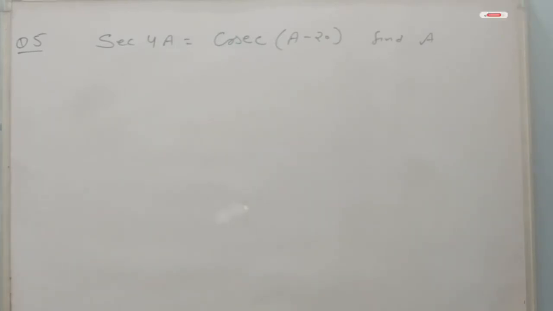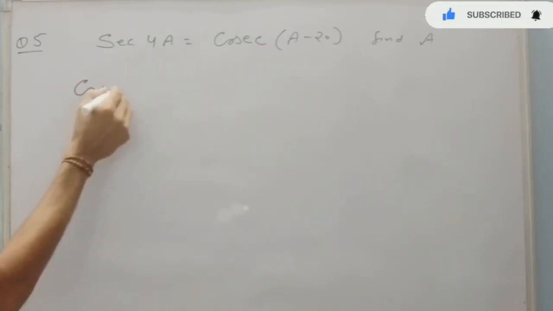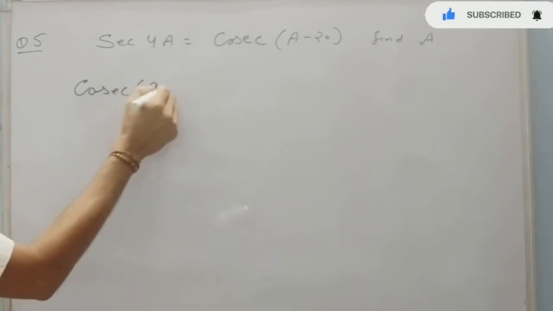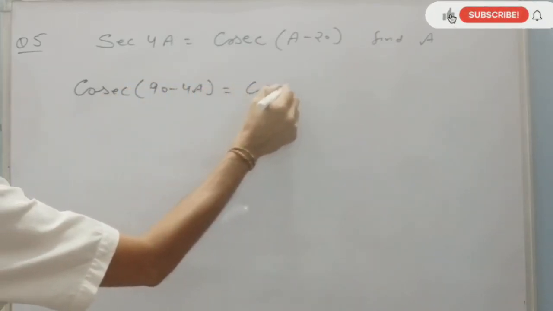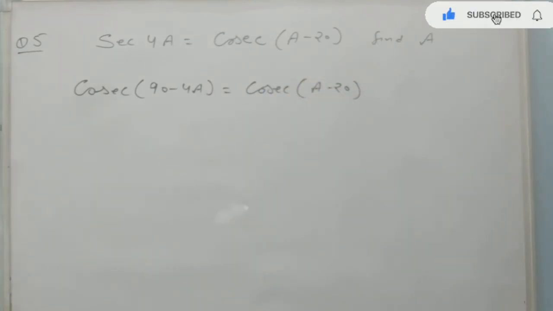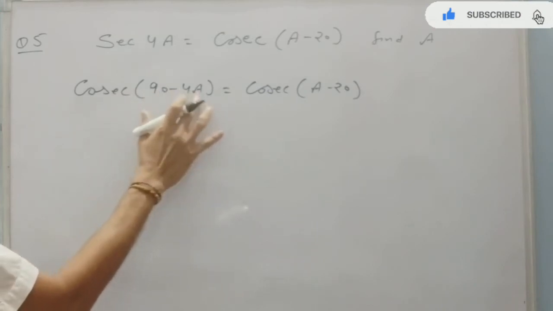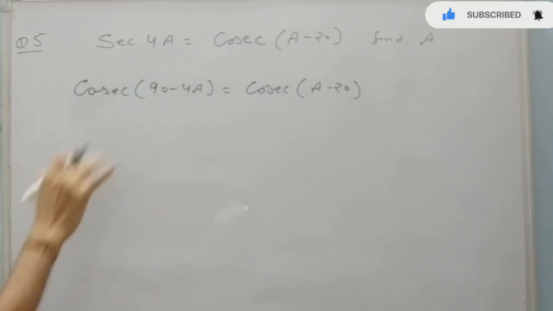Now here is question number 5. It says if sec 4A is equal to cosec A minus 20, then find A, where A is an acute angle as usual. So I can write it as cosec 90 minus 4A equals cosec A minus 20. As you know, cosec 90 minus A is equal to sec A. So I can reverse the formula and use it.